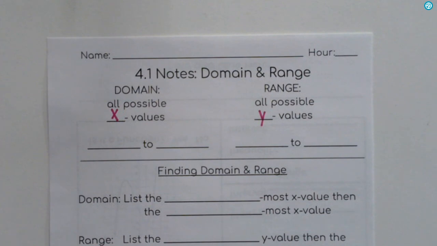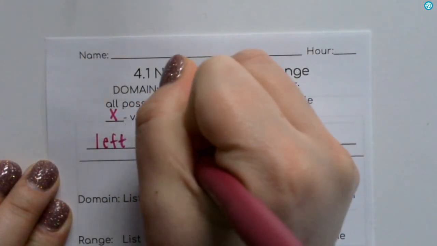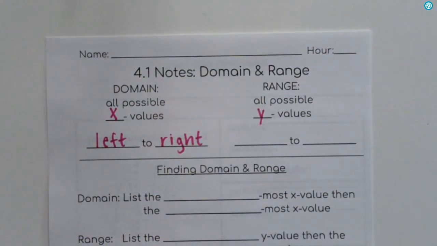So x values are across our x-axis. So we are going to read those from left to right. Range is all of our possible y values.